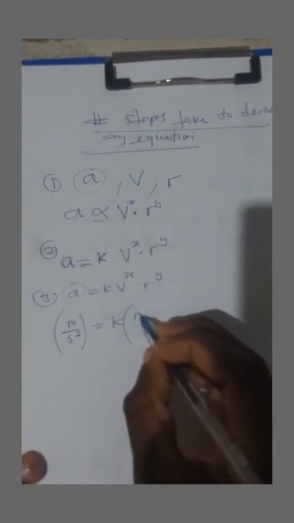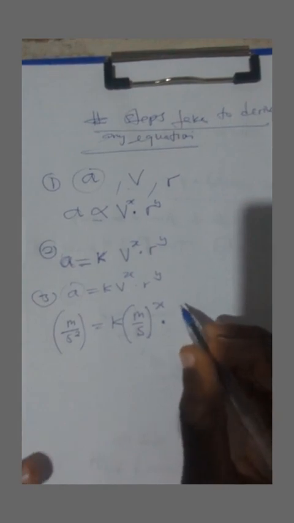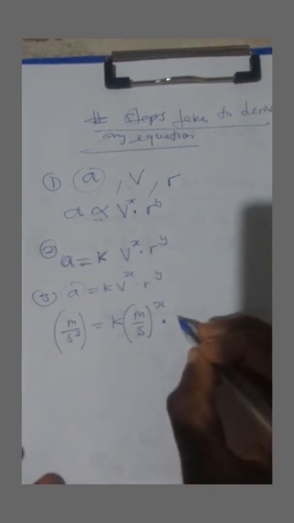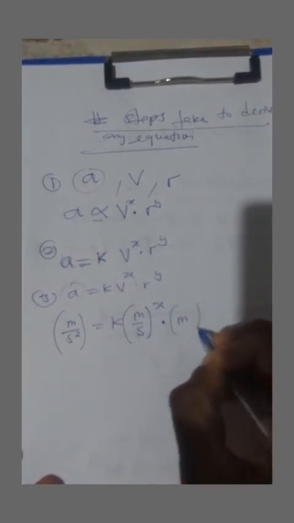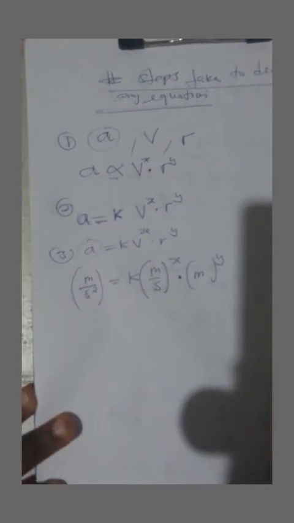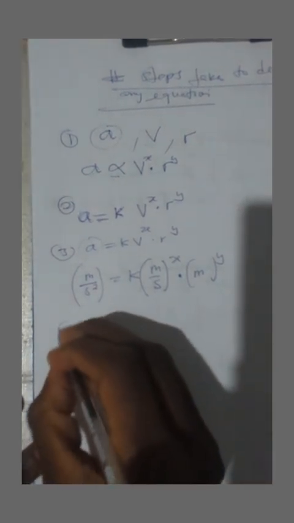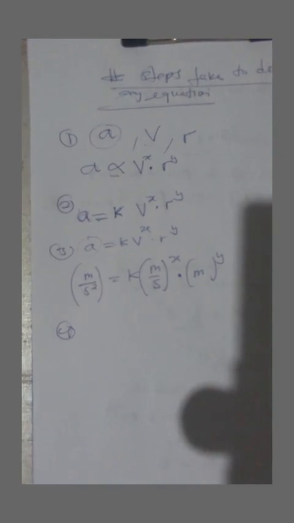So velocity is meters per second, to the power x. Then you multiply by radius. Radius is distance, so the SI unit is meters, and you raise it to the power y. Step 4, what you are going to do is put the appropriate dimensions for each unit.